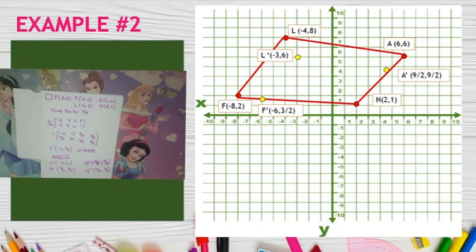And then we have the coordinates of N prime, which will be 3/2 and 3/4. So let's connect these coordinates. And here we go. So now we have graphed the scaled version of our original quadrilateral FLAN. And now we have a new image, the scaled image of our pre-image.